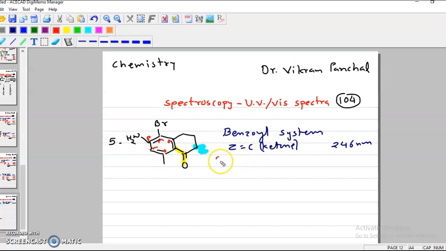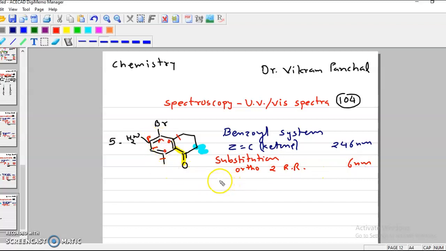Okay, substitution at ortho position. Well, this is ring residue at ortho position. Here there is also one ring residue at ortho, so there are two ring residues at ortho position. So for one ring residue at ortho we add 3, so 6 nanometer for this one.